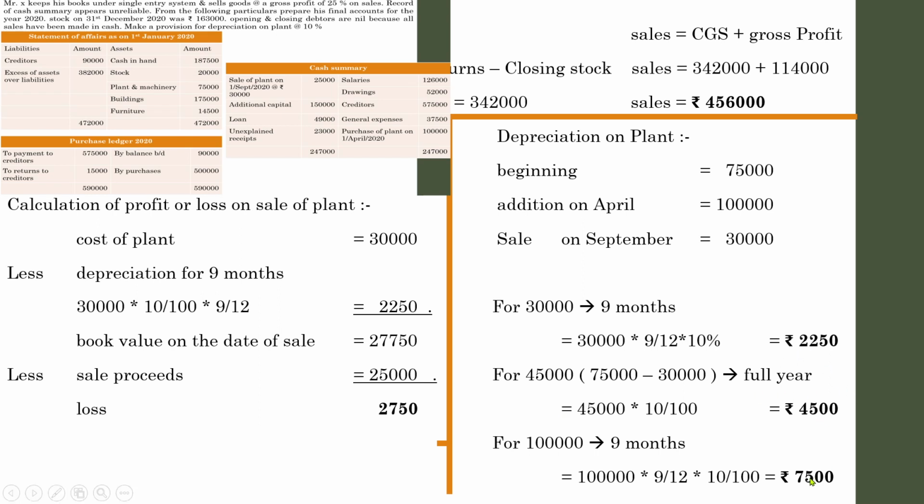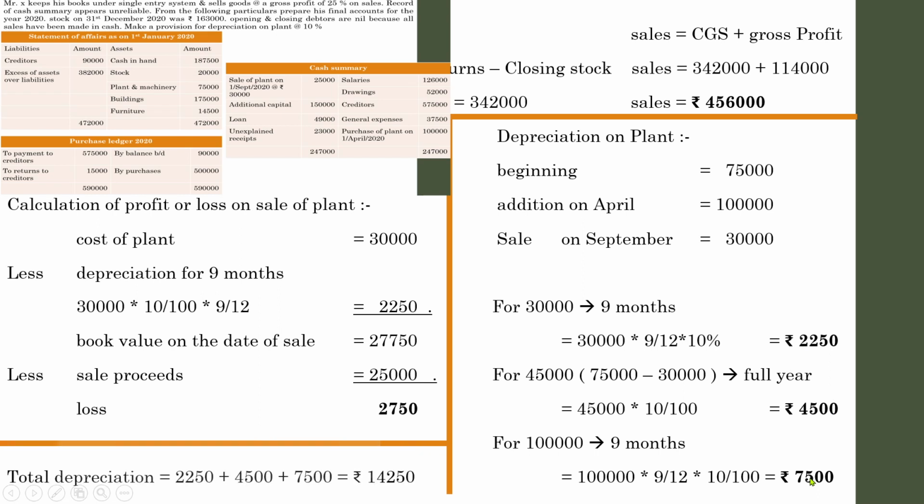If we add these three amounts, you will get the total depreciation for the year, that is 14,250. So these are the adjustments with regard to the additional information given in the question, and on the basis of the details stated in the various accounts. Now we can go for the preparation of the trading profit and loss account.